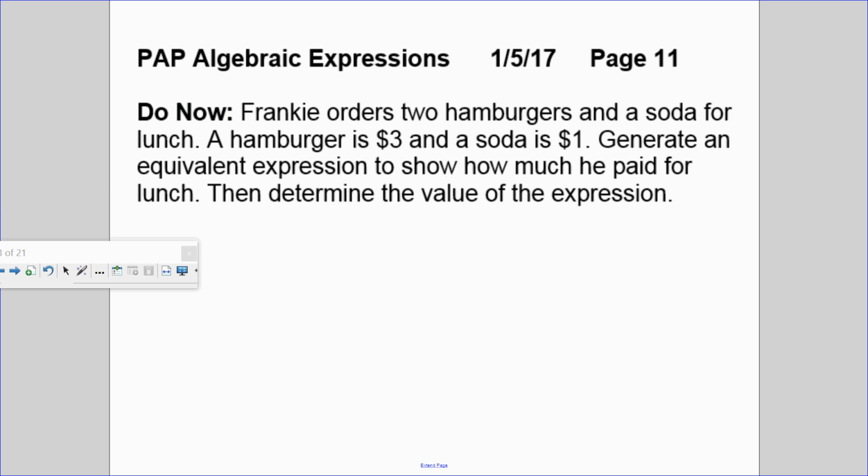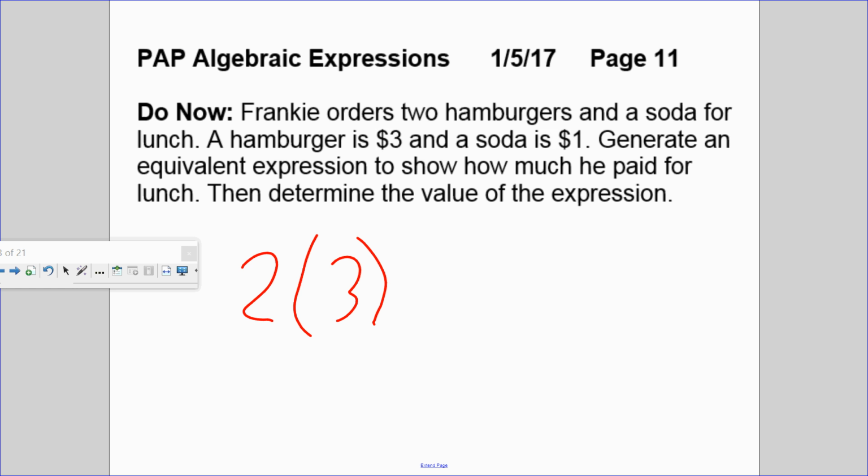So let's look at our do now. Frankie orders 2 hamburgers and a soda for lunch. A hamburger is about $3 and a soda is $1. Generate an equivalent expression to show how much he paid for lunch. Determine the value of the expression. He bought 2 hamburgers and each hamburger cost $3.